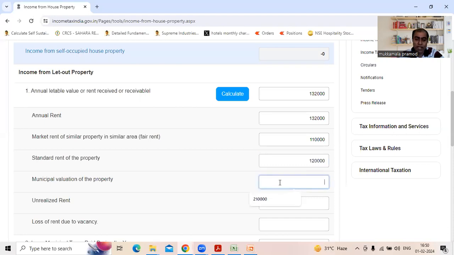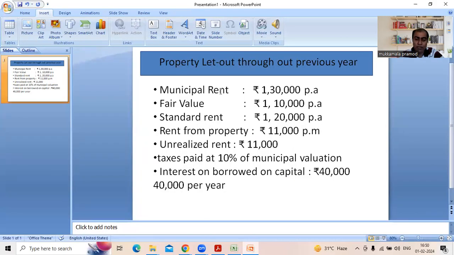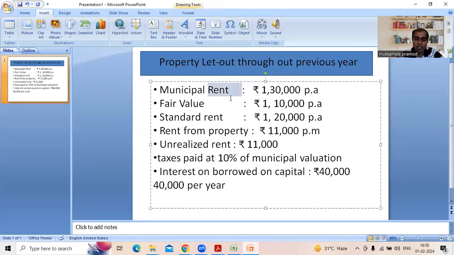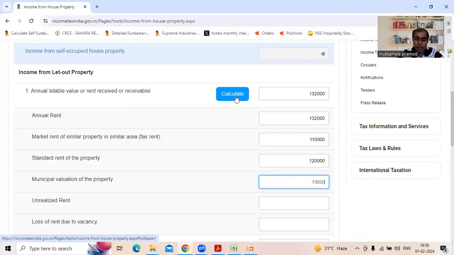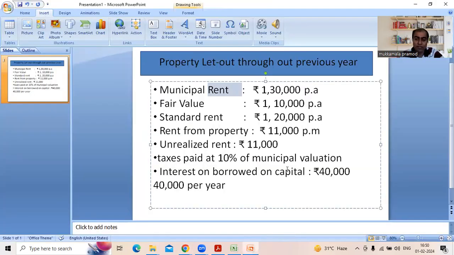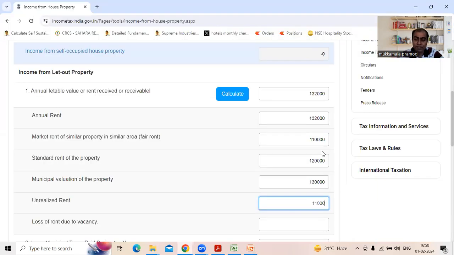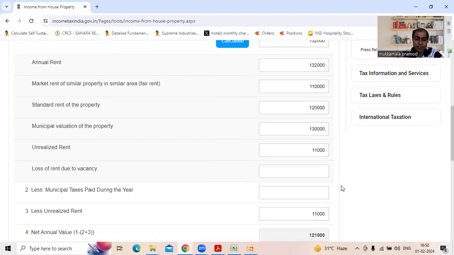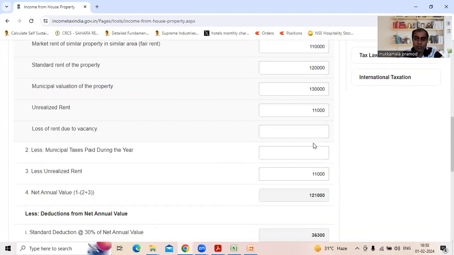And the municipal valuation of the property, what I call the municipal rent here, this is the municipal valuation from the municipality. And there is an unrealized rent of 11,000 in the example. There is no loss due to the vacancy of the property.